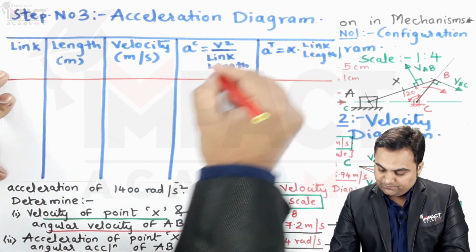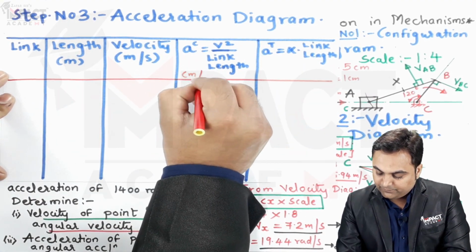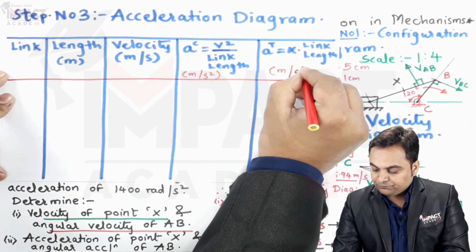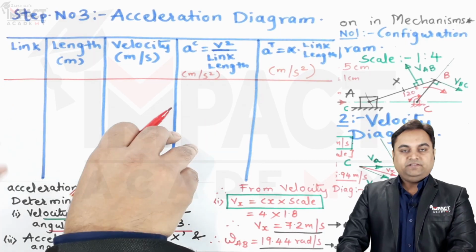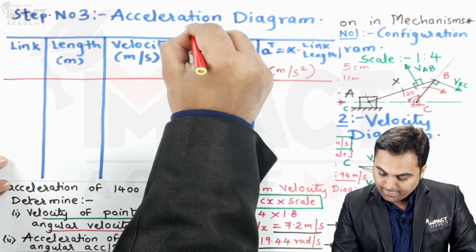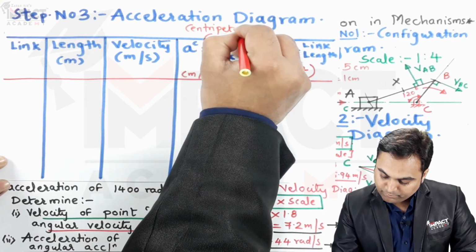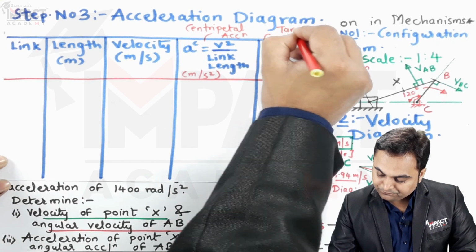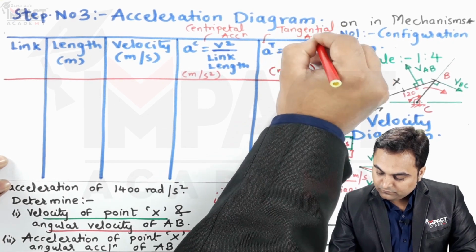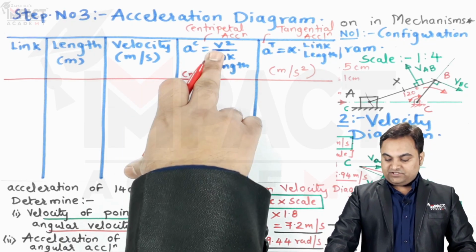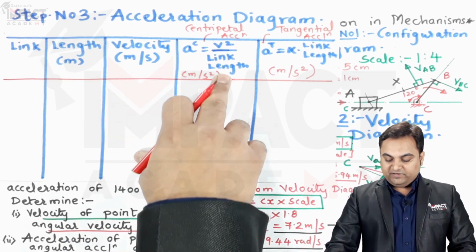Centripetal acceleration has a unit of meter per second square. Similarly, tangential acceleration also has meter per second square, and we have to remember this formula for centripetal acceleration and tangential acceleration. That is, centripetal acceleration is given by velocity square divided by link length.